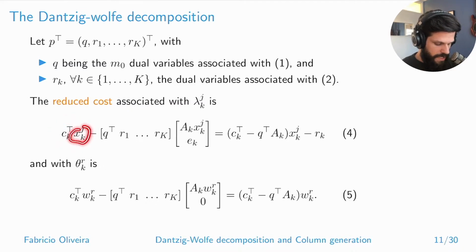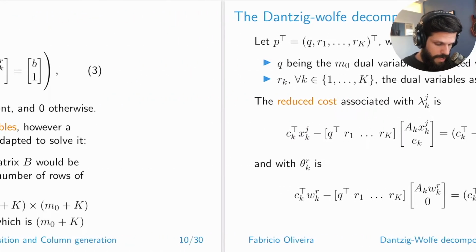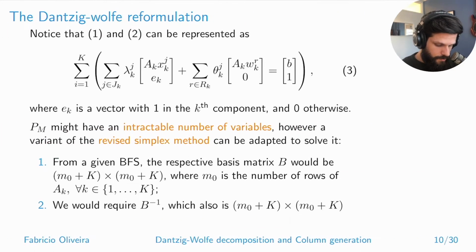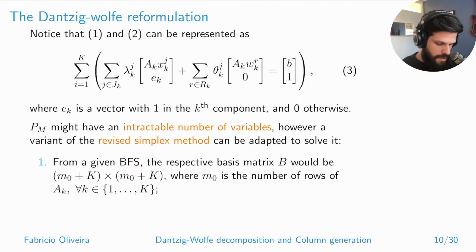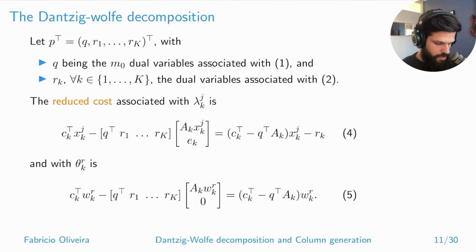Don't get fooled by this, this is a coefficient. Remember that our problem now, let me go back two slides, is in lambda and theta. So this is the coefficient for lambda, and this is the coefficient for theta. So this is a coefficient, playing the role of our good old CB, like we've seen before. Okay. So CB minus this term here.